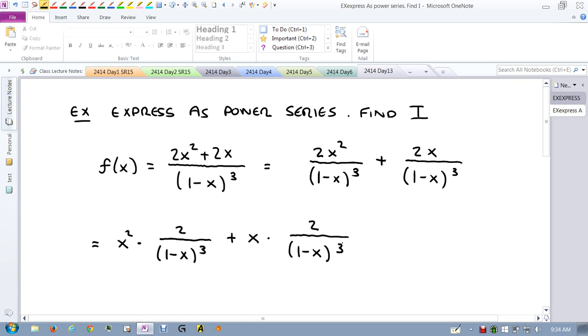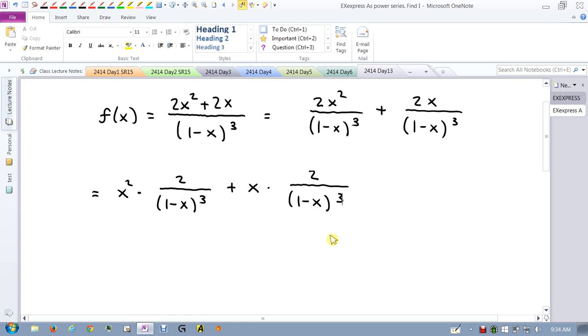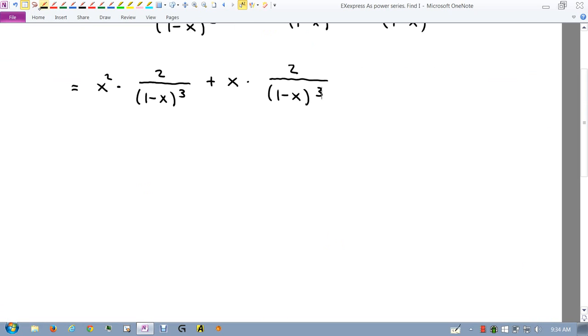Good? All right. I need to pause in this and address the 2 over (1 minus x) cubed.